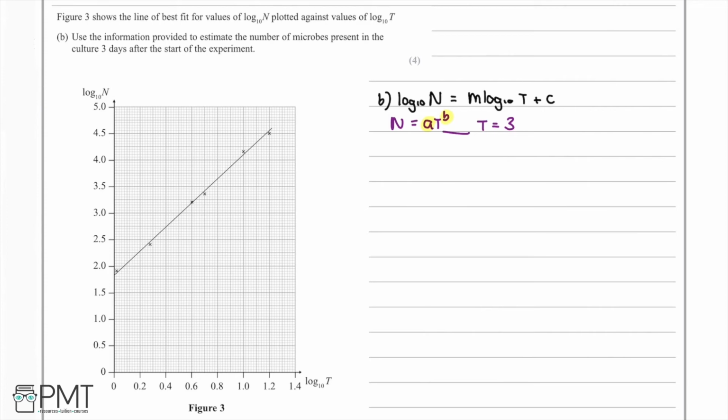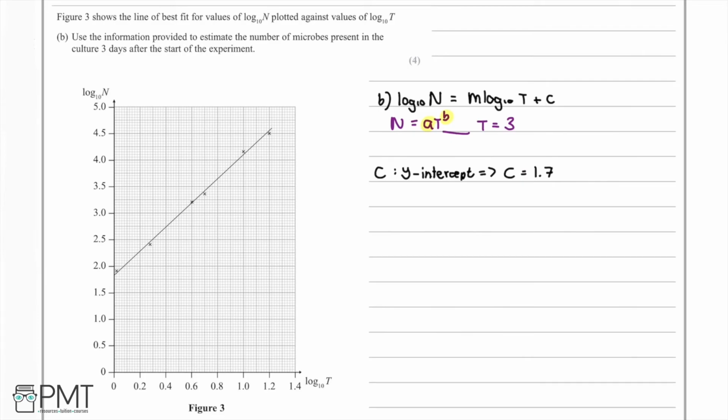So recall we have this equation, log 10 of N is equal to m log 10 of t plus c. So we know that c is going to be the y-intercept, and we know that we can read this off the graph. So looking closely at the graph, we can see that c is equal to around 1.7.